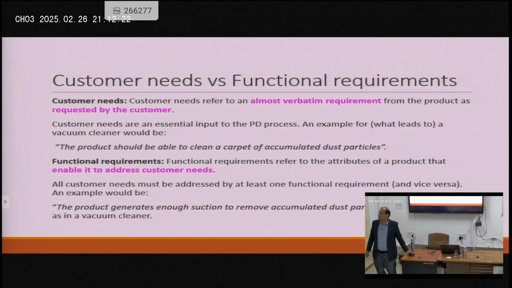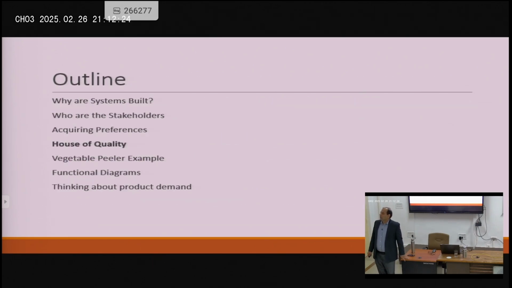Okay, so next is house of quality. Have you done house of quality before? Yes. Okay, what is house of quality? It's a diagram in the form of a roof.